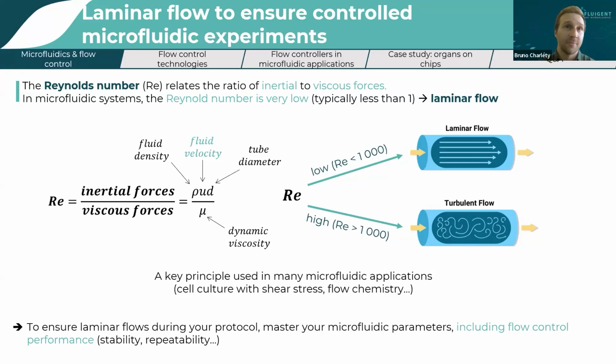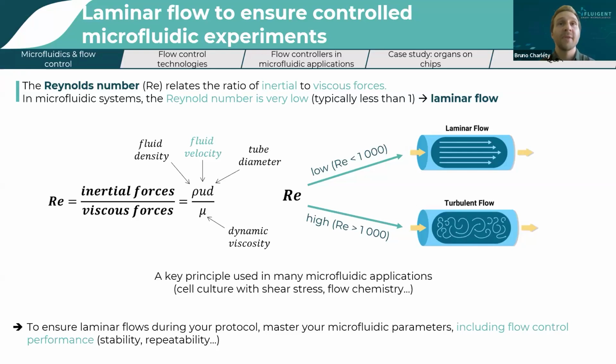Laminar flow is a key principle in many microfluidic applications, such as in biological and chemical applications, where, for instance, in biology, you need to apply a precise shear stress to the system, or for controlling mixing reactions in chemistry. There is an equation that allows you to accurately predict if you're under laminar or turbulent flow. This is the Reynolds number.